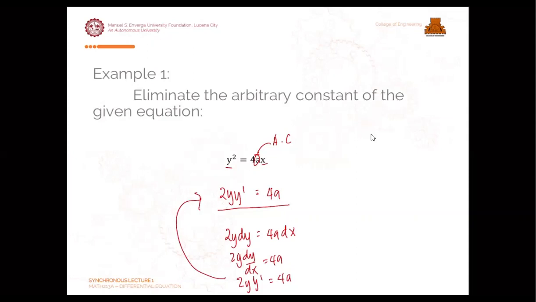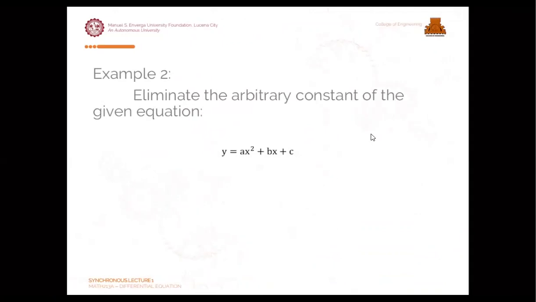Once nakuha na natin yung differential equation niya, meron na tayong function and a derivative, yun na yung sagot, ito na yung solution sa given equation.